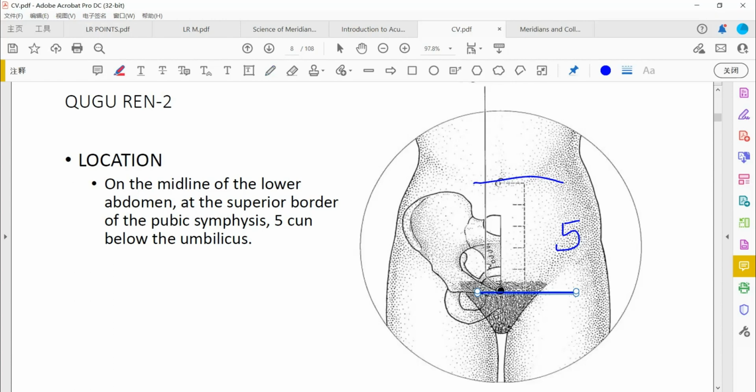So this one, the CV2, pubic symphysis, 1 cun above, 1 cun above, 1 cun above, 1 cun above. And there's the one here. This one special. So this one, CV2, 3, 4, 5, 6, 7, and umbilicus, that's 8.